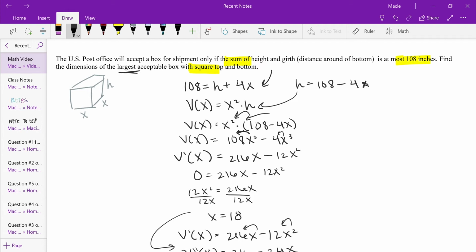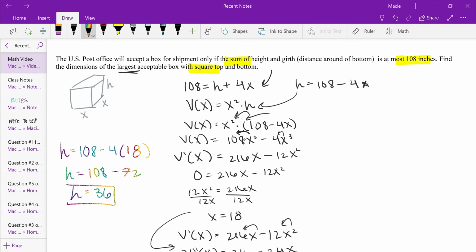From that step, we plug our x value into the height to determine what the height is. So 108 minus 4 times 18. Sorry, I'm sick. This means that height equals 108 minus 72, which leaves us with height equals 36.